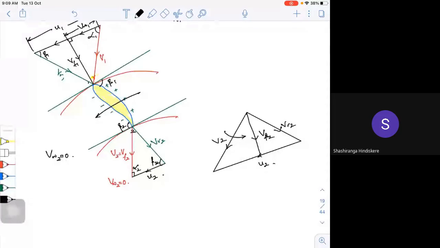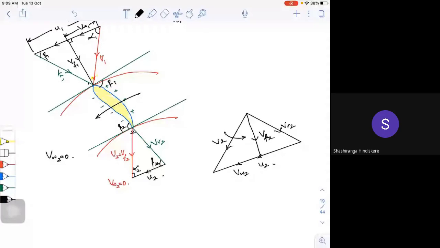This would have been my VW2, and this is VF2 actually. Now this VW2 is equal to 0, so I am getting only the triangle of this portion. That's it. I am getting a right angle triangle, so this becomes my alpha 2, and this is my beta 2. This is how you are supposed to draw your velocity triangle.